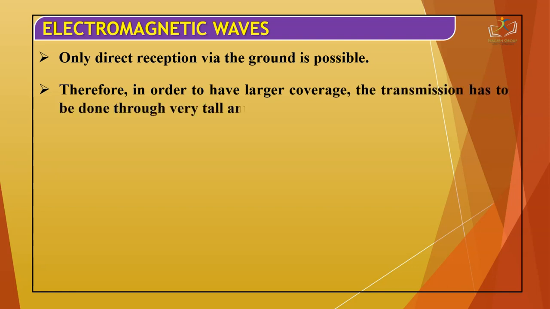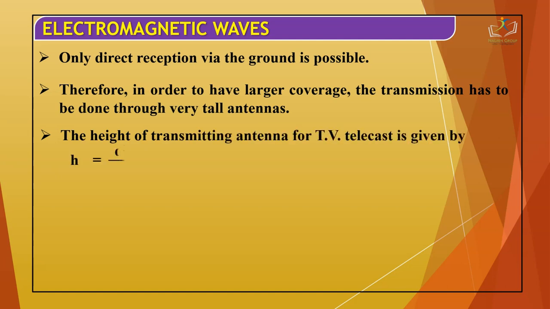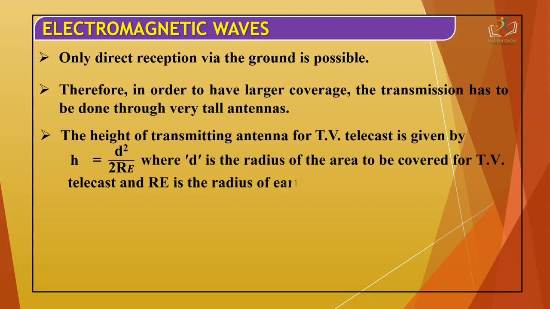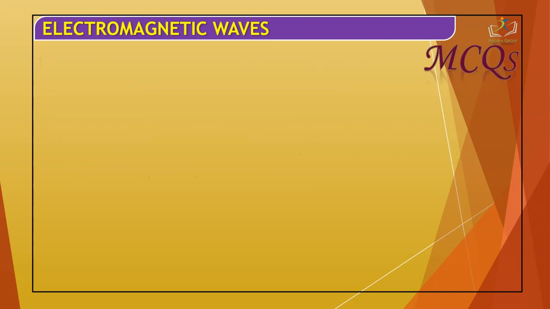Therefore, in order to have a larger coverage, the transmission has to be done through very tall antennas. The height of the transmitting antenna for TV telecast is given by h = d²/2R_E, where d is the radius of the area to be covered and R_E is the radius of Earth.